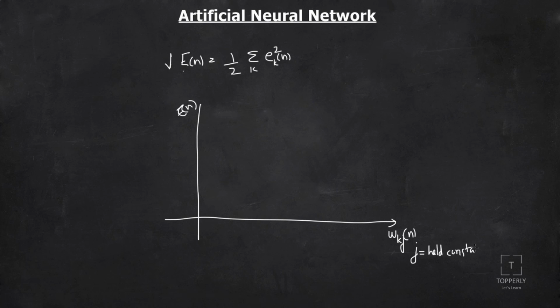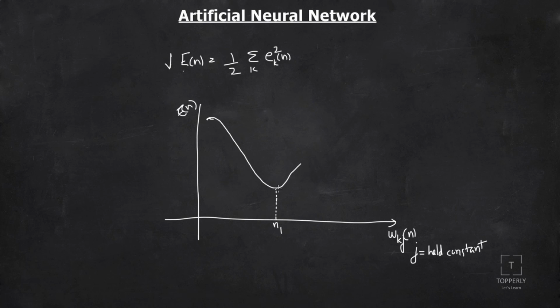Okay. Now suppose we started the iteration from n equal to 0, and with each iteration the graph went on like this, like this, like this. Okay. Now we take the lowermost point of this function. Let this be n1.